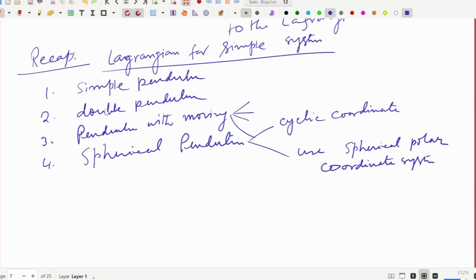As I was mentioning towards the end of the last lecture, I will consider some problems where the use of cylindrical coordinates is involved. So let us write down this problem and try to solve it. Problem 1 of today's lecture is a very well known problem, you can find it in many textbooks.